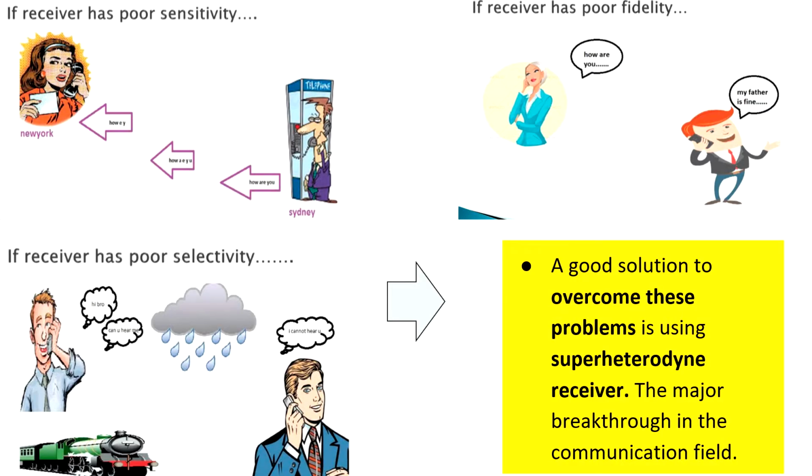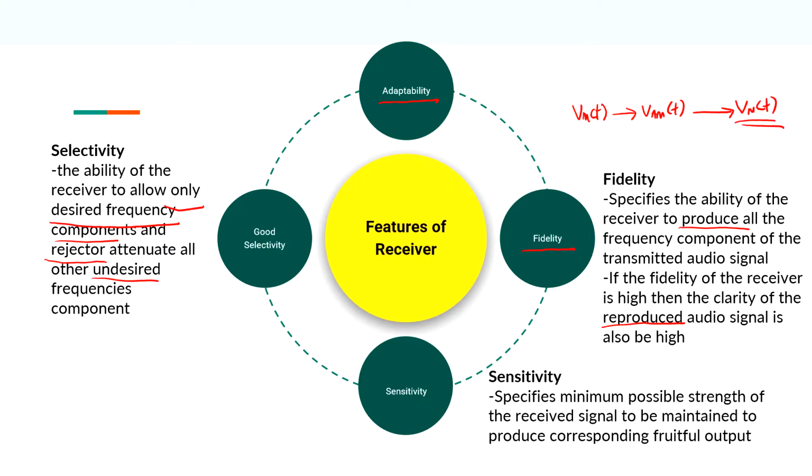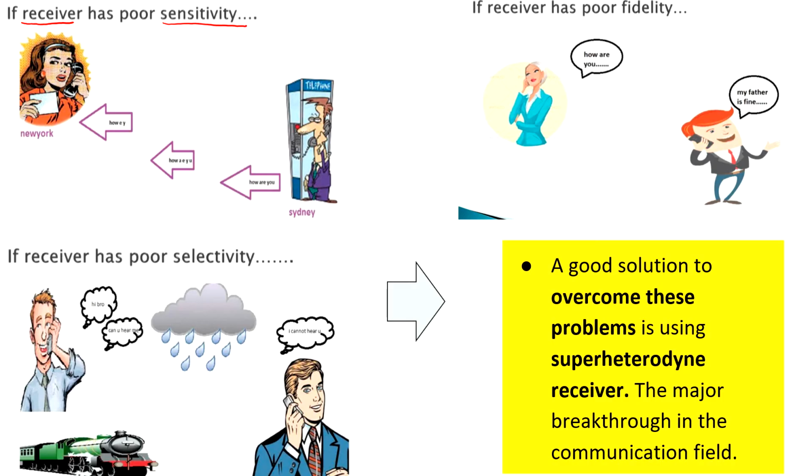Okay, how do these features affect our communication? For example, if the receiver has poor sensitivity, so for the sensitivity, it is about the output. This means if the sender sends you data, but the output is not the same as the input.